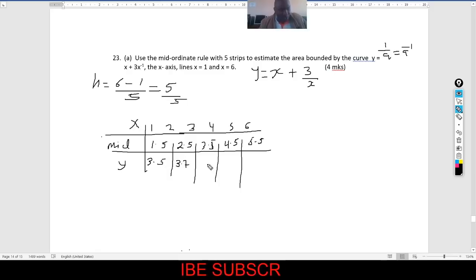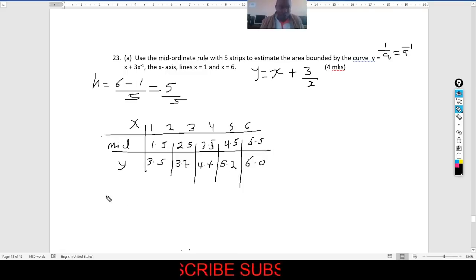The next is 4.3 and so many points, so I round off to 4.4. The next is 4.5 plus 3 over 4.5, you get 5.2 to one decimal place. And the next is 6.0 and so many others, to one decimal place.